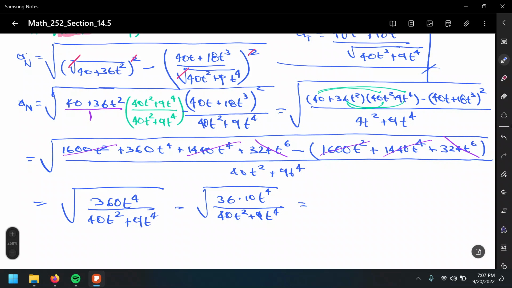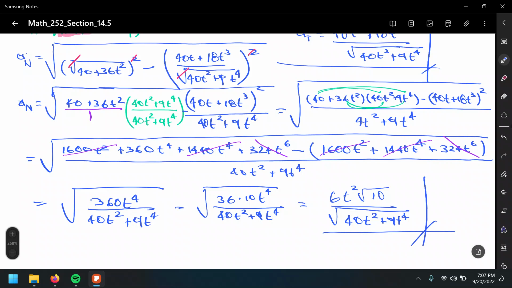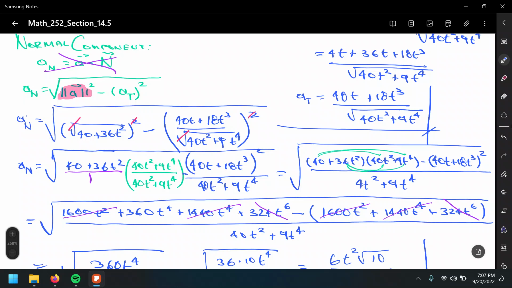And well, the square root of 36, which is 6, and the square root of t to the fourth, that's a t squared, square root of 10, and that's over the square root of 40 t squared plus 9 t to the fourth. So those are the two components of the acceleration. This is the magnitude of the acceleration, or rather the projection of the acceleration in the normal direction, and the previous result, it's the one that goes along the tangential.